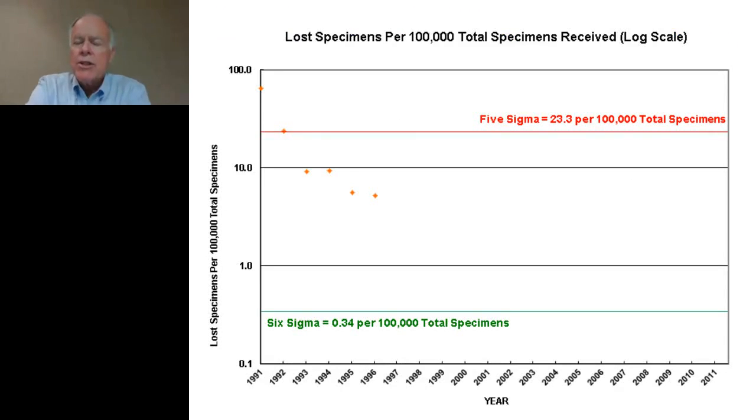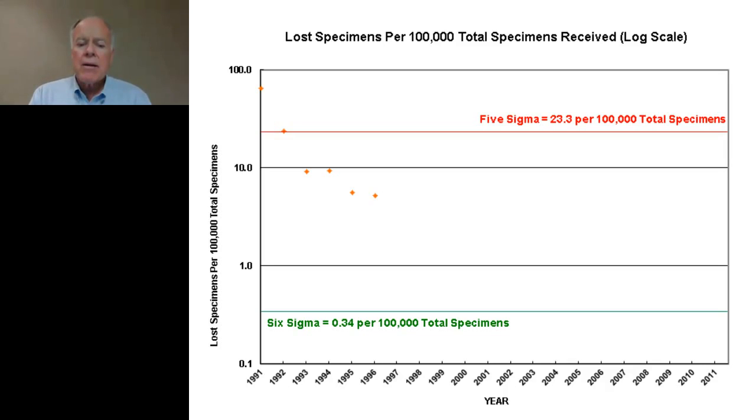So what I want to do over these next few slides is show you the history of lost specimens in our laboratory. Across the baseline on the bottom of the slide, and I'm moving the cursor along the bottom of the slide, and hopefully you all can see that, are the years starting in 1991 through 2013.